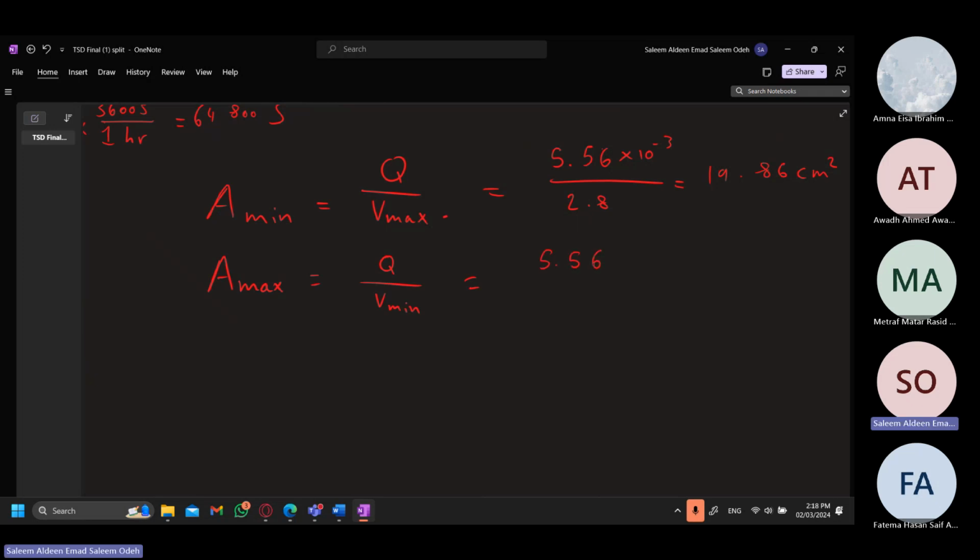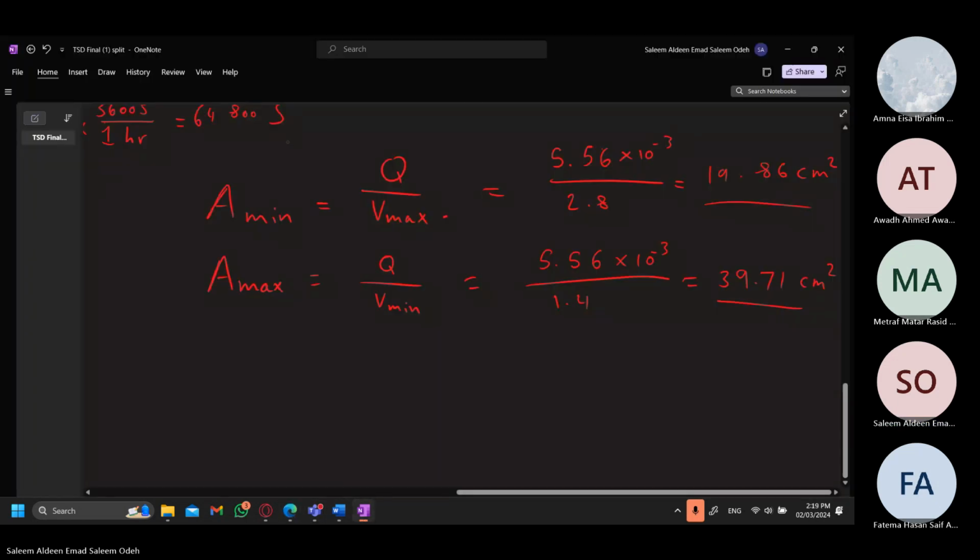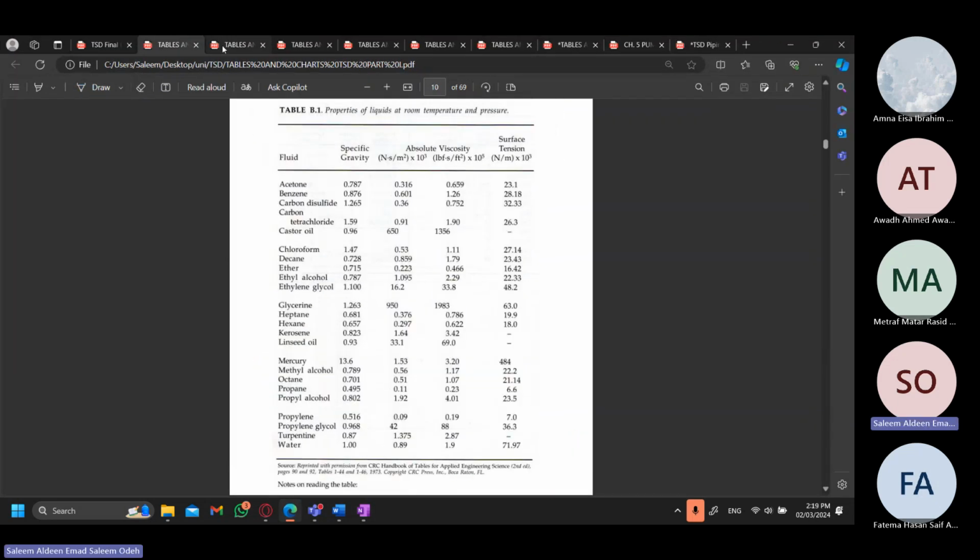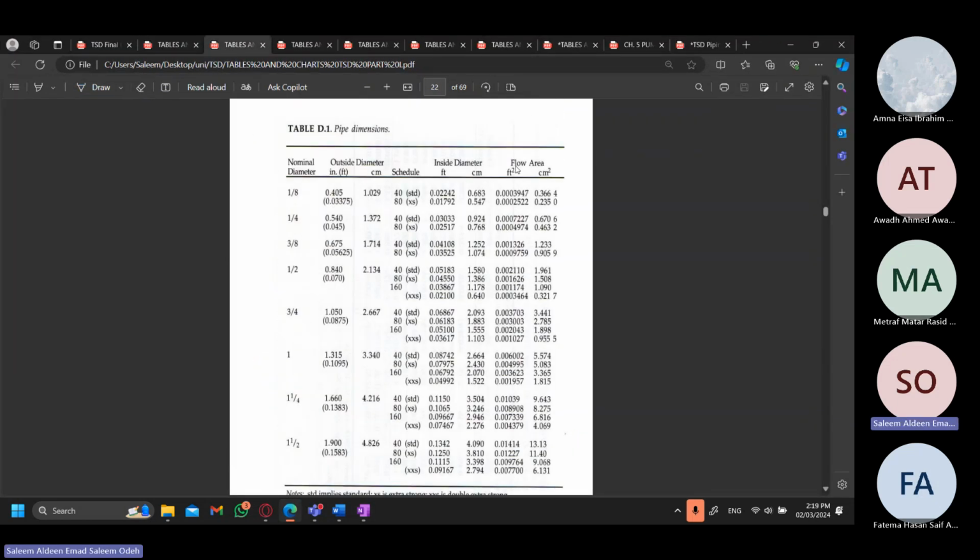And for the A maximum, we use the same Q, but the velocity would be 1.4 meters per second, which will give us an area of 39.71 centimeters squared. Now, why are we finding it in centimeters squared? Because in the tables, you'll see that the values for the flow area are in centimeters squared. And that's the best way we could find it.